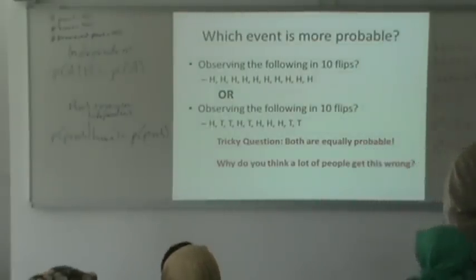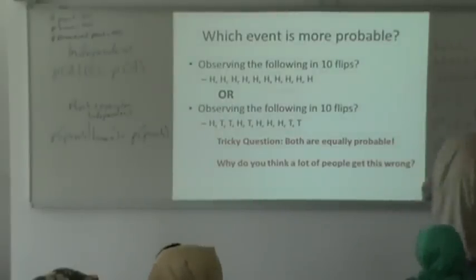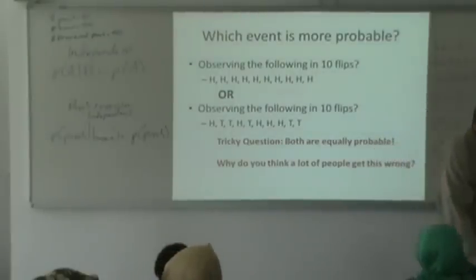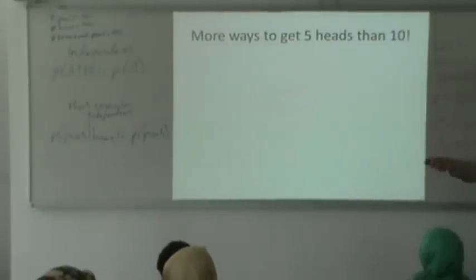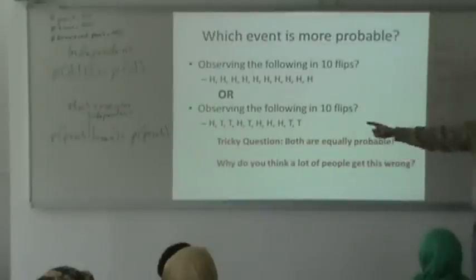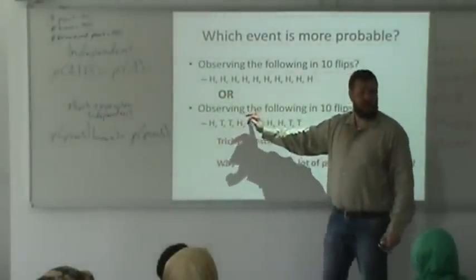Not sure I followed. I'm not sure I completely understood. Let's see if this is what you were thinking. Because it sounds like this might have been what you were saying. Like, there are lots of different ways you can get 5 heads, right? You can get 5 heads this way. You could get 5 heads in the first 5. You could get 5 heads in the last 5.